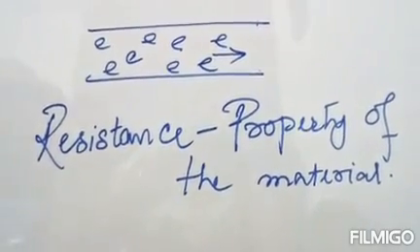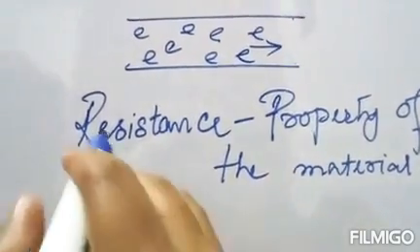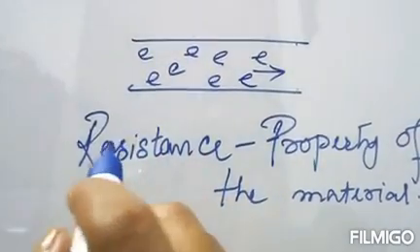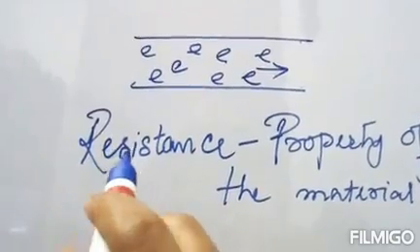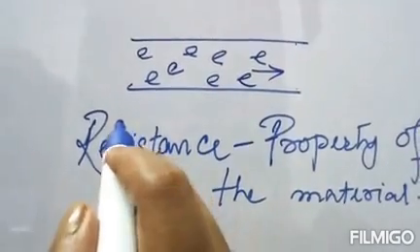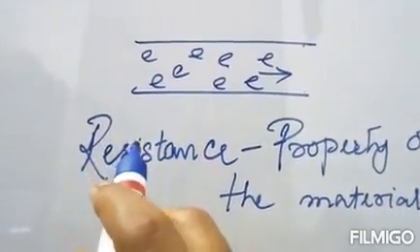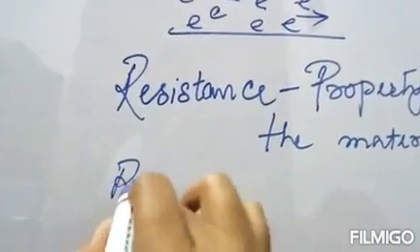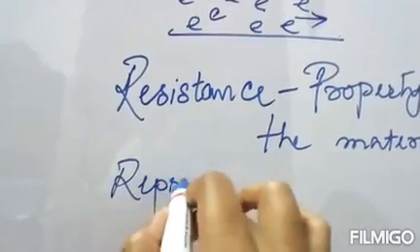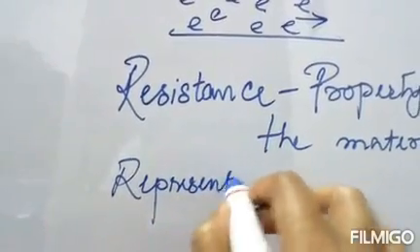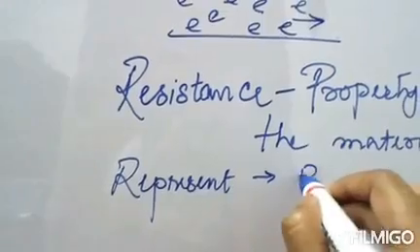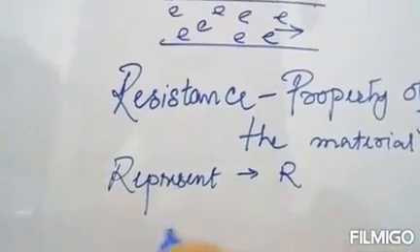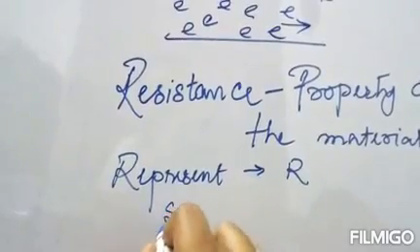And how do we represent resistance? Potential difference is represented by the letter V, similarly current is represented by the letter I, and we represent resistance by the letter R. And what is the SI unit of resistance?